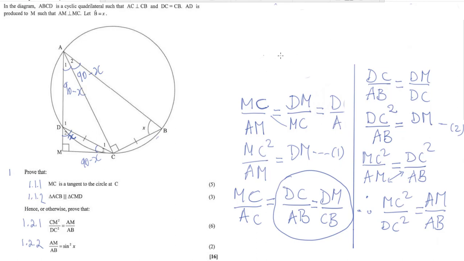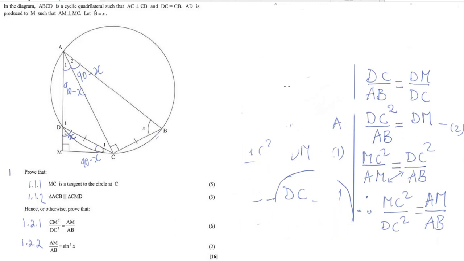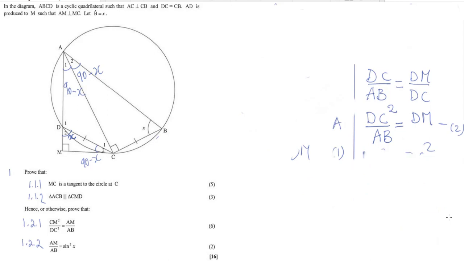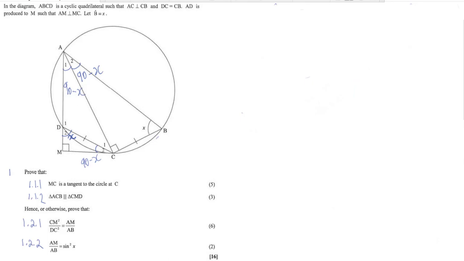Now let's move to the last question. The last question now. What did the last question say? It's 2 marks, okay? We need to prove, once we have this, we can prove this.